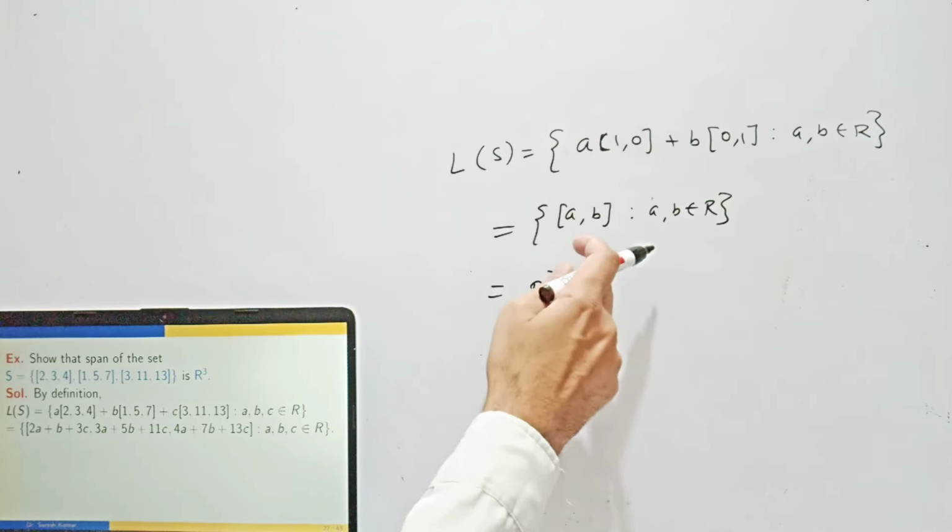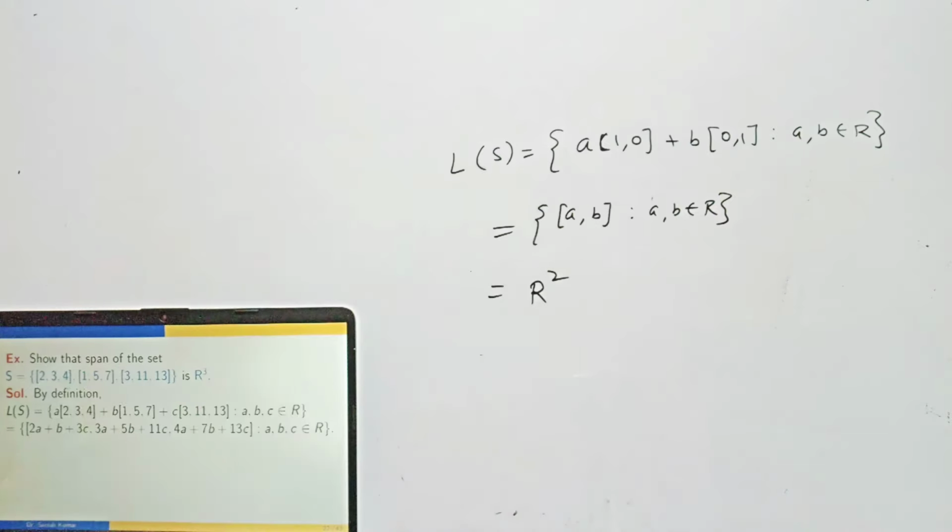For example, here we are able to identify that this set is R2. But here we are not able to see clearly whether it is R3 or not. It may be a subset of R3 also. But it is also possible that this set represents the whole vector space R3.